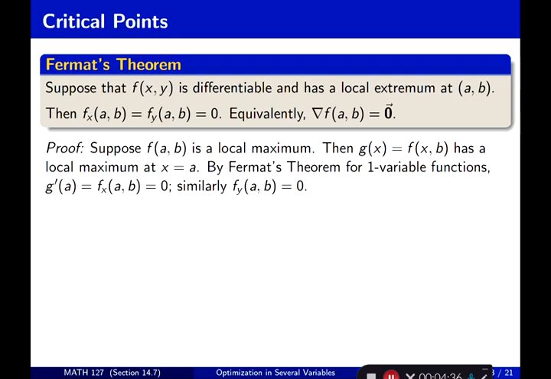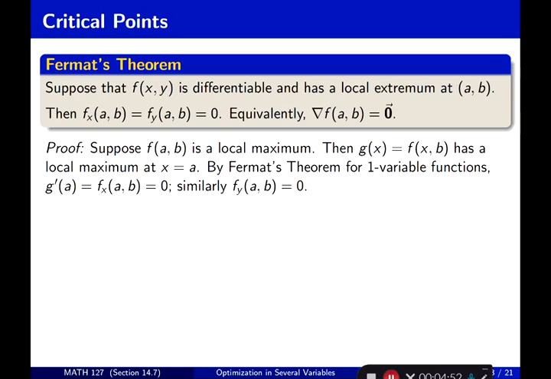So by Fermat's theorem for a one variable function, g prime of a, or the partial of f with respect to x at a and b, should be 0. And similarly it works for the partial of f with respect to y at a and b.